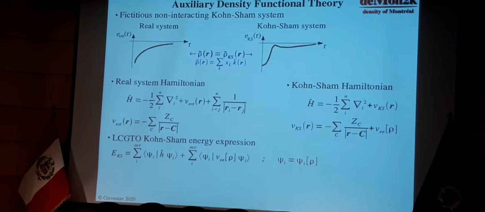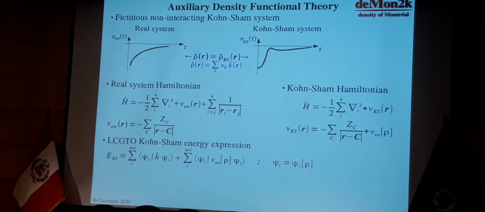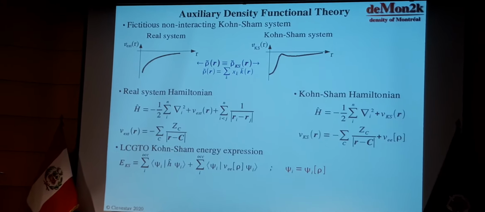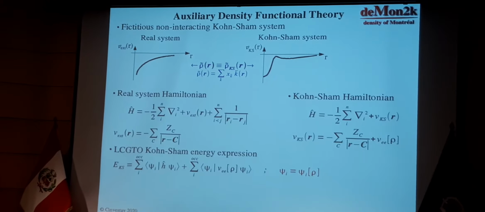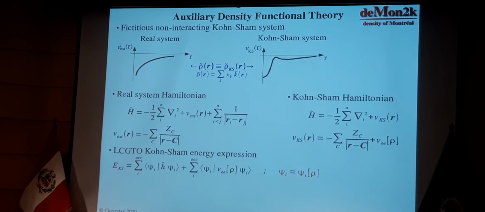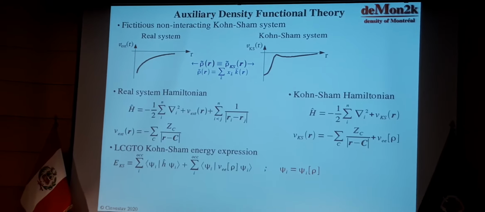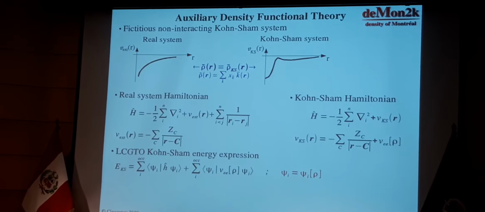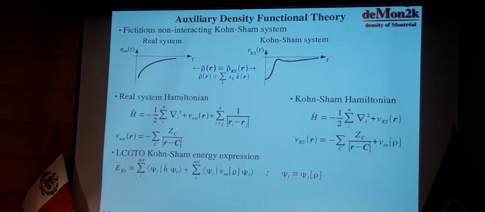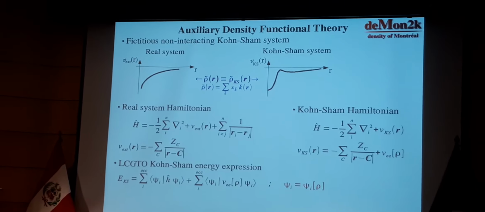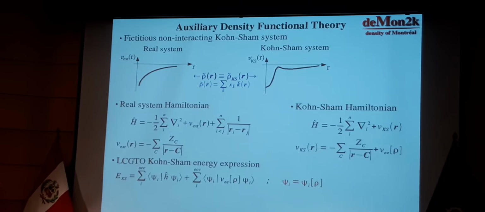My second comment is this. Now that you have a way to deal correctly with the exact exchange, it's not the Fock exchange, it's the exact exchange, but anyway, that's semantics.